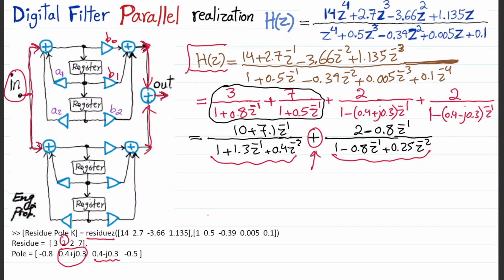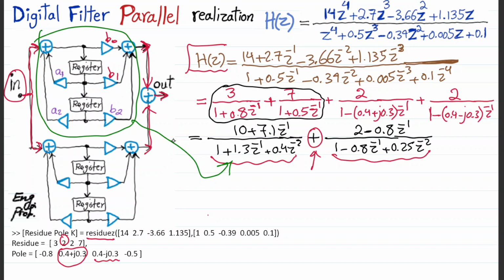So now these two transfer functions can be realized using the structure that is given here. Let's say, for example, you are going to use the first structure. Let me use a different color to highlight. Let's say this structure to realize this one.